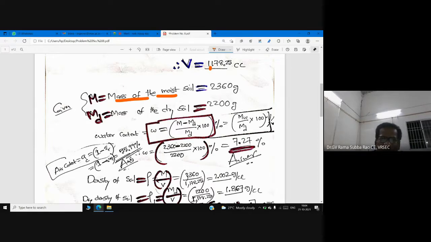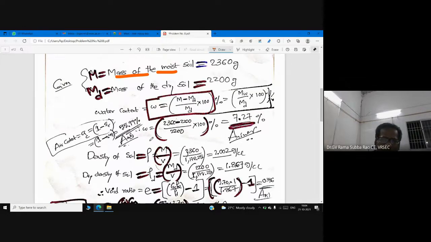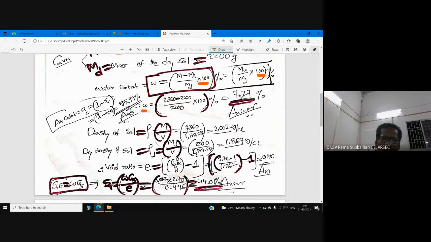We deduct the mass of dry soil from the total mass of soil, and from that we get the mass of water present in soil. So now you see here, w is equal to 7.27%. As I told you many times, we express water content in percentage, so don't forget to multiply with 100. We are getting the answer 7.27%.